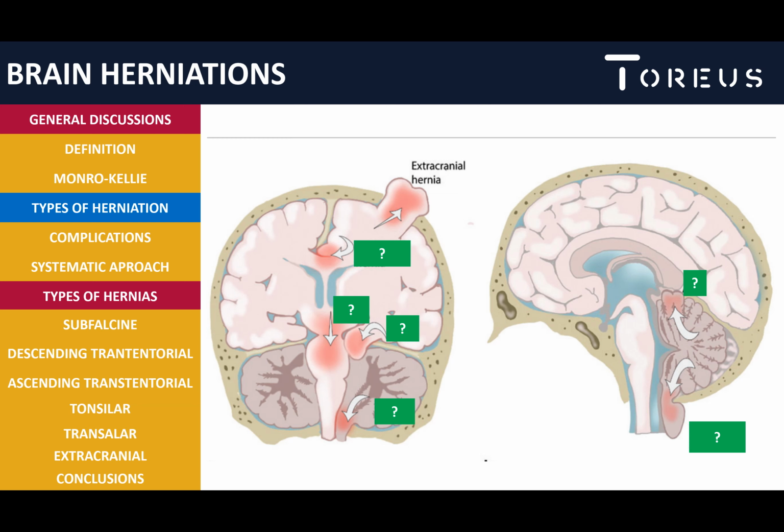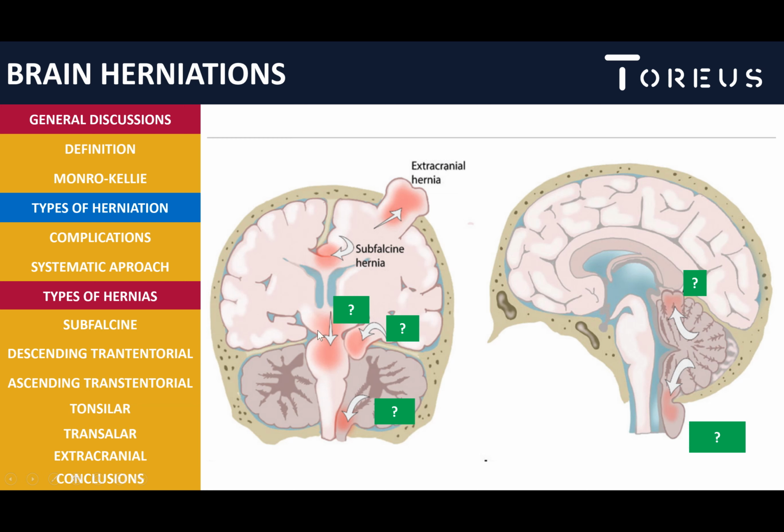So this is the only extracranial hernia. The others are all intracranial hernias. The second one is the subfalcine hernia. The cingulate gyrus will go all the way through and pass the falx cerebri, that is this structure here. It will go to the other side, and that is called the subfalcine hernia.